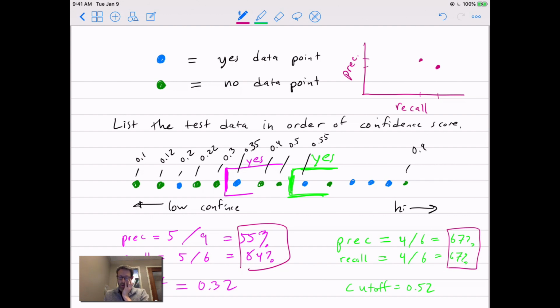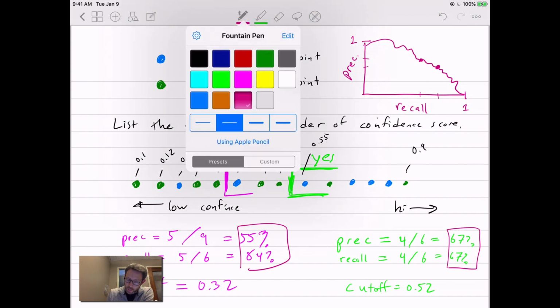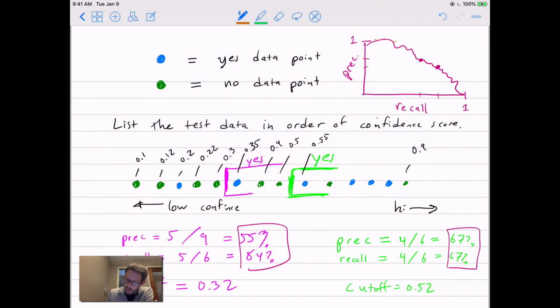And then if I were to actually plot all of the points here, I'd have 1 point for every possible cutoff. Now I'm going to just make up the actual curve here. I don't know what it will look like, but generally it kind of goes down and to the right. And ideally, let's say this is 1.0 and this is 1.0, the ideal graph would actually fill up completely this whole rectangle.